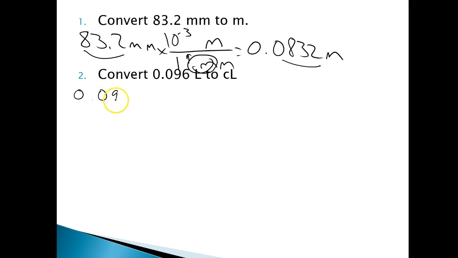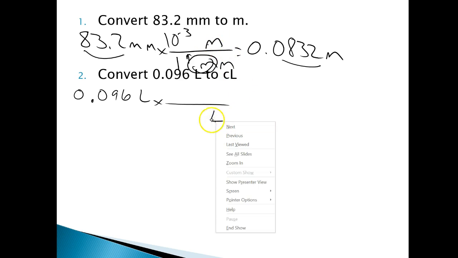0.096 liters to start with. Whatever I give you goes on the bottom to cancel out what you're trying to find. And in this case, since I'm starting with a base unit, that means I'm going to try and find the prefix right away. Remember what I said, there's always going to be one conversion with 2 letters and one with 1. So here's my conversion with 1 letter.